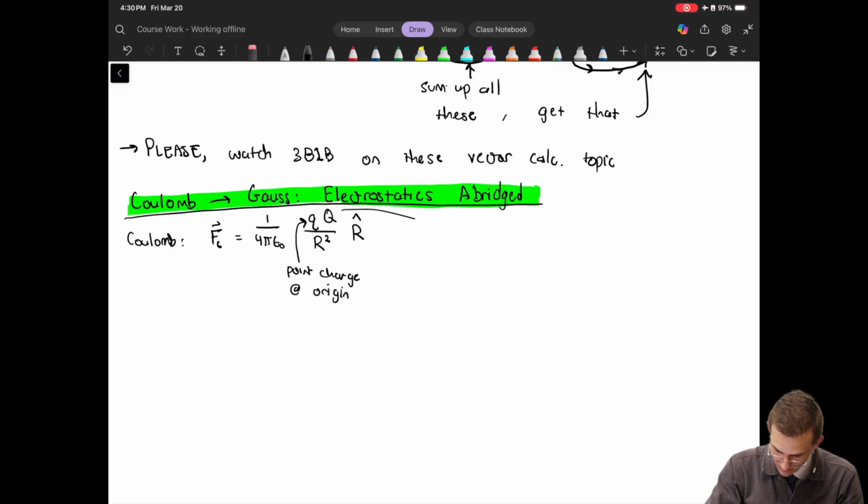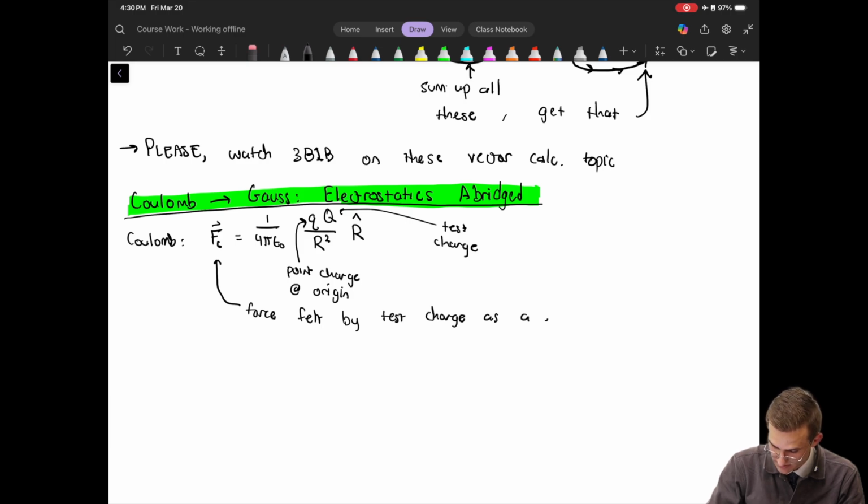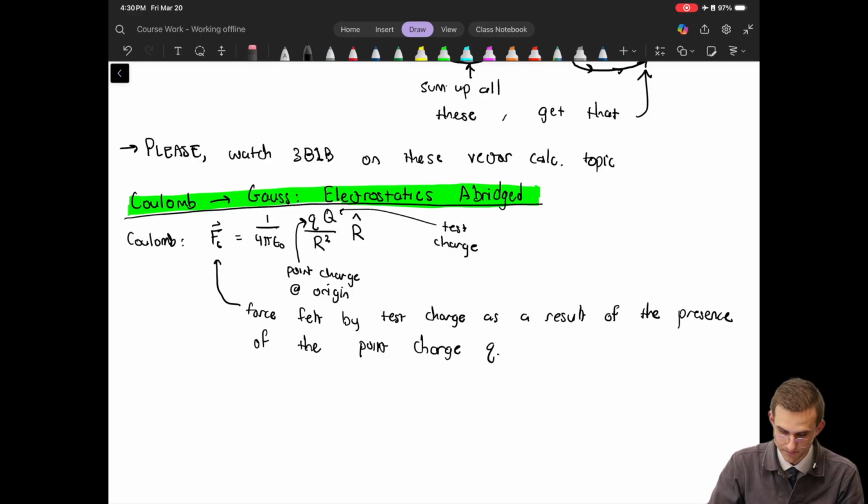Uppercase Q is a test charge, and then F_C is the force felt by the test charge as a result of the presence of the point charge lowercase q. Okay, and then there's one more thing.